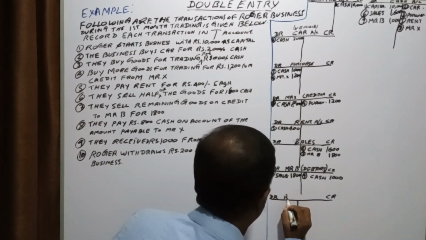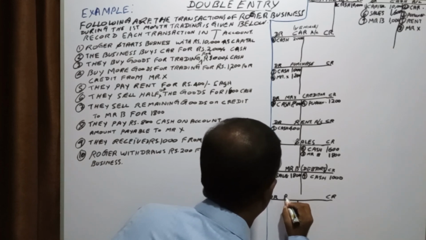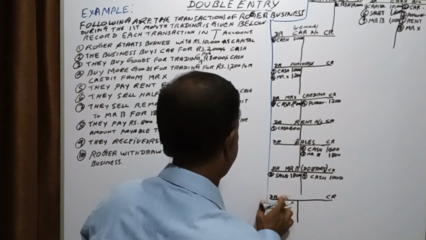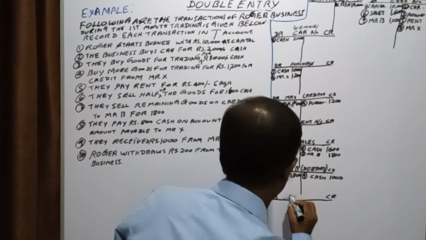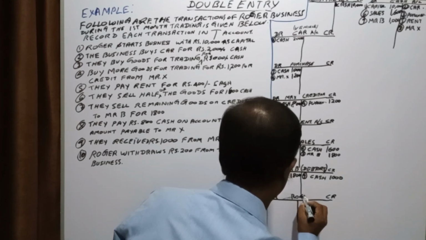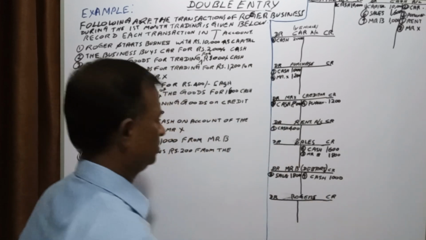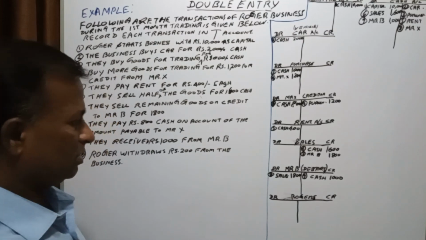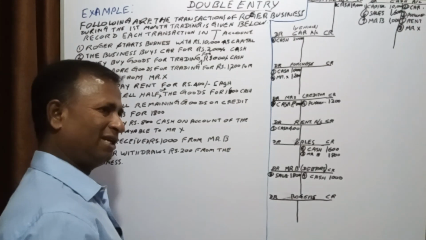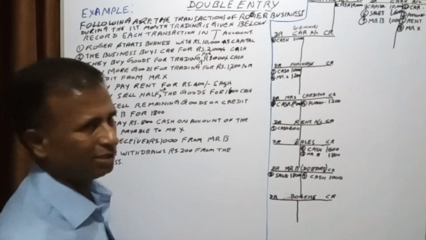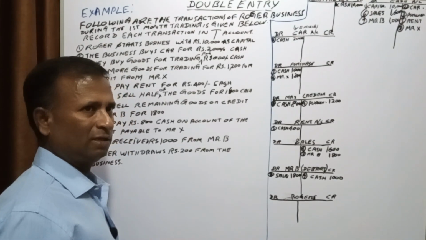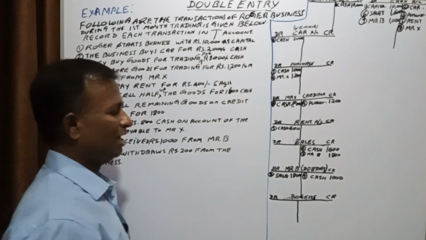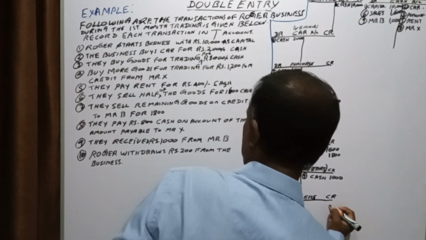Roger, drawings. Okay, we'll say Roger's account. Drawings means Roger is drawing, he's getting money, means Roger has become a creditor. Okay, then when the creditor is increasing, liability is increasing. When the liability is increasing, we have to pass a credit entry.